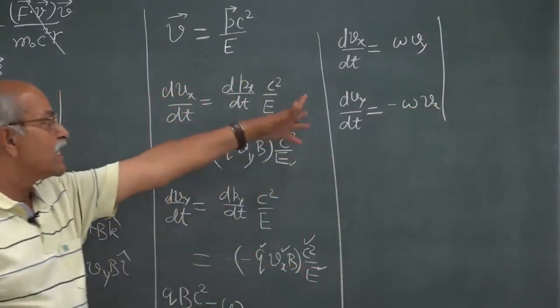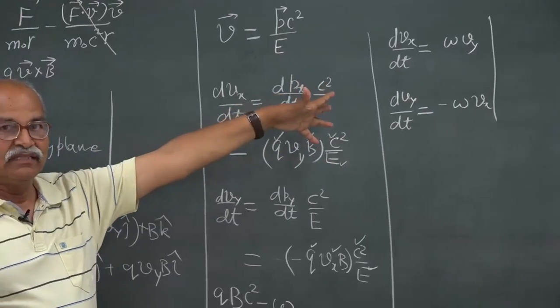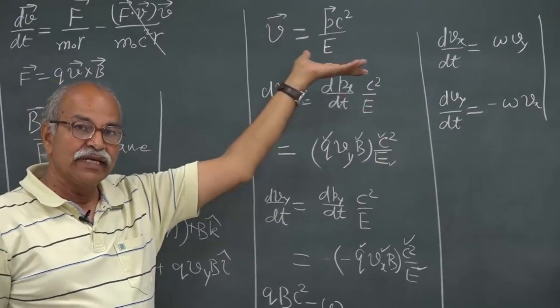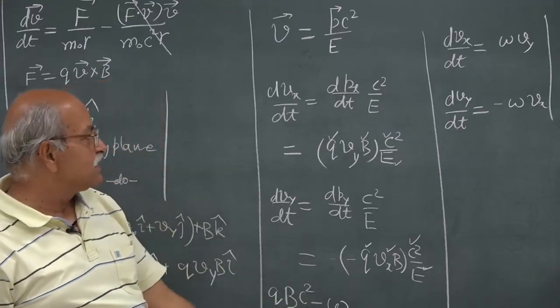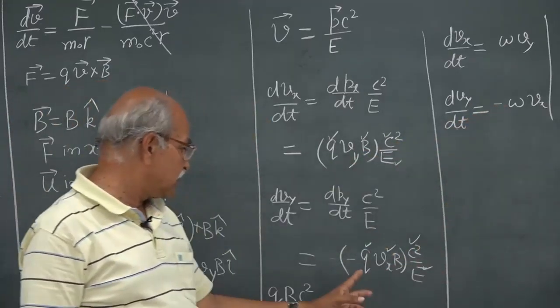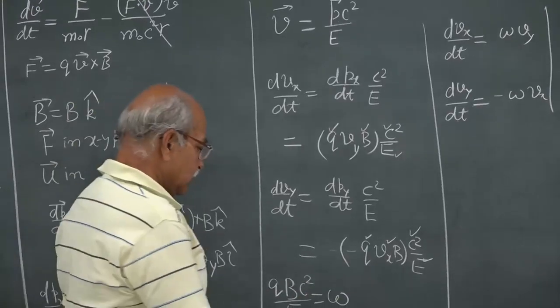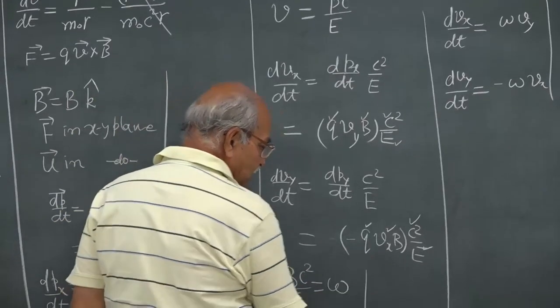Now, these are exactly the same equations which you get in the non-relativistic case. The only difference is that omega here is not qb by m.